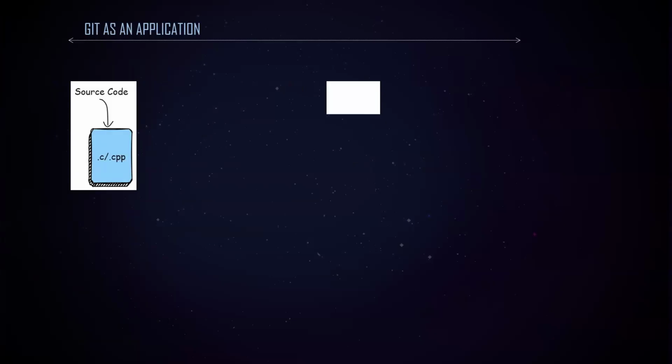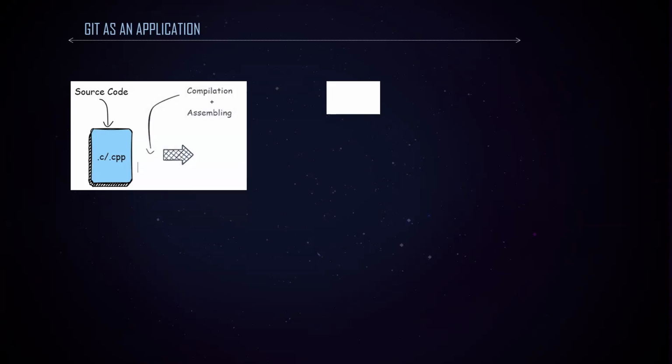So source code again, as I said, language doesn't matter. The reason I'm showing you C, C++ here is because Git is created in C language. When you write source code in C or C++ language, you compile it, and then you assemble it.